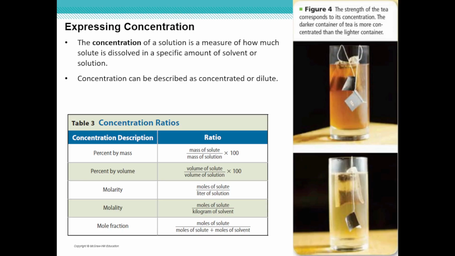And all of them are going to have something about the solute in the top, in the numerator of the fraction. So in most cases, except for molality, we're going to have solute over the entire solution. In other words, these are all portions of a whole.